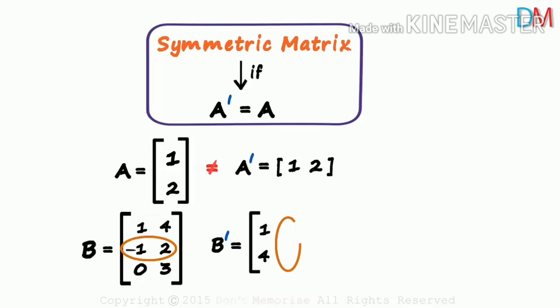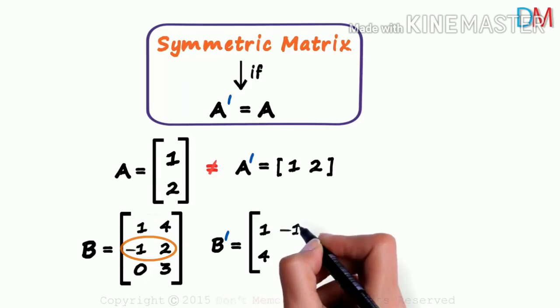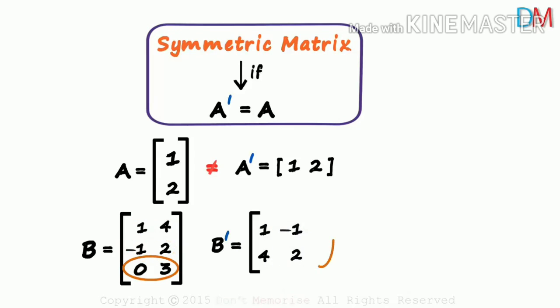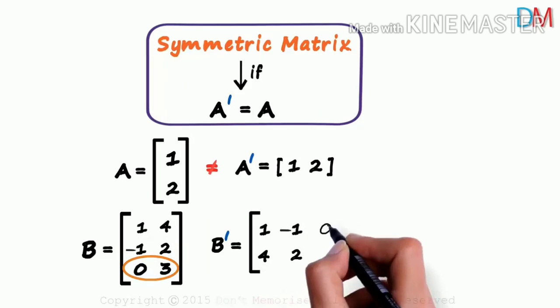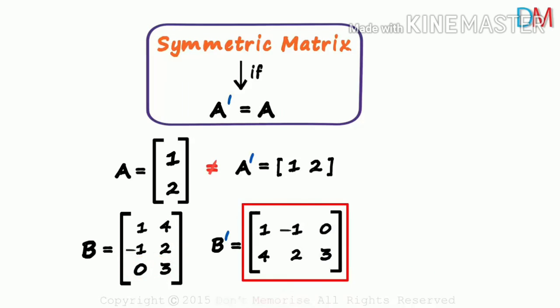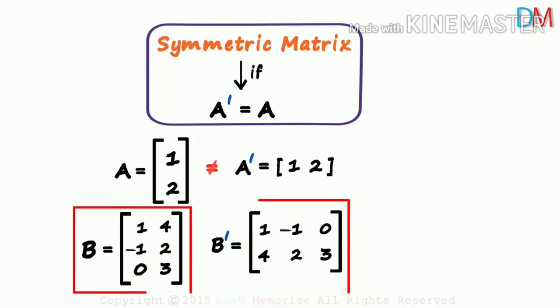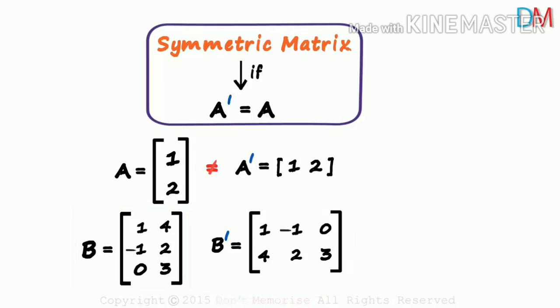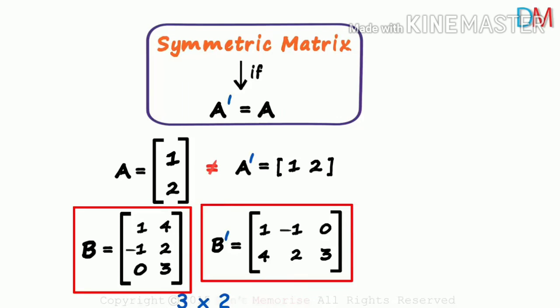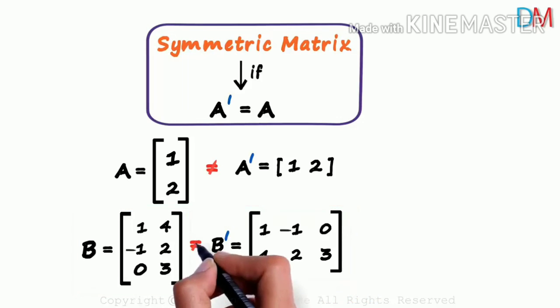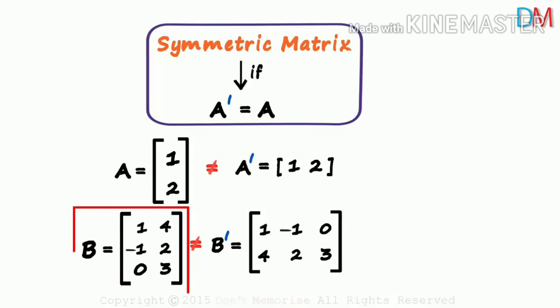The second row becomes the second column, -1, 2. And the third row becomes the third column, 0, 3. This is B transpose. Are B and B transpose equal? The order of B is 3 by 2 and that of B transpose is 2 by 3. As the orders are different, they are not equal, which means B is not a symmetric matrix.